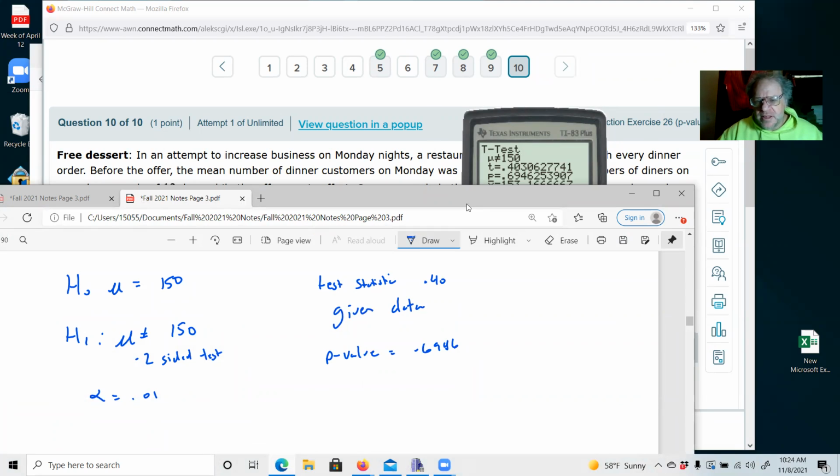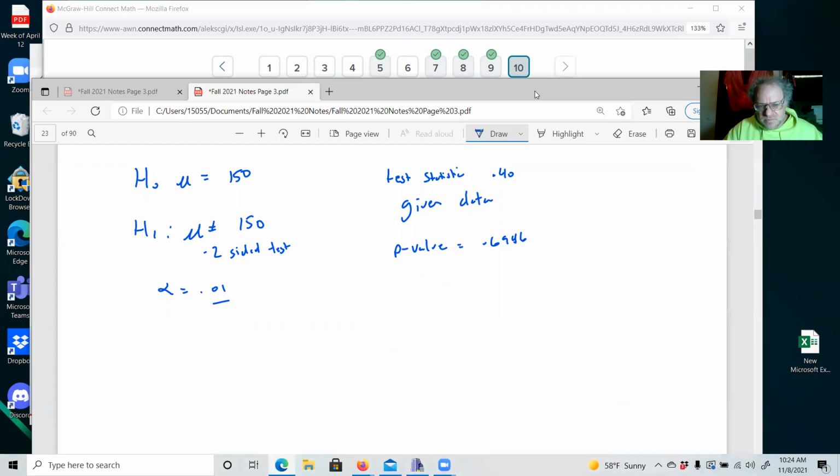Your cutoff to say whether or not something was noticeable was 0.01. This is where they said, oh, that's unusual. Did we notice it was unusual? No, this is way too big.